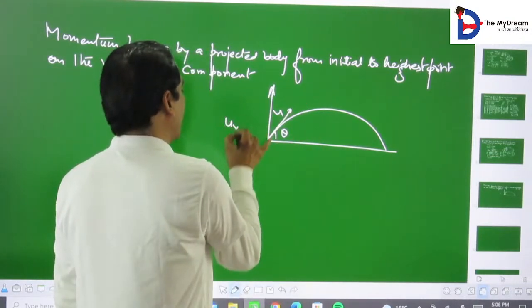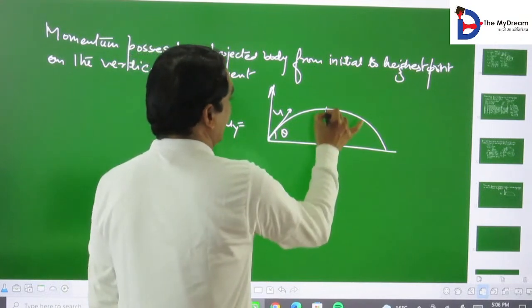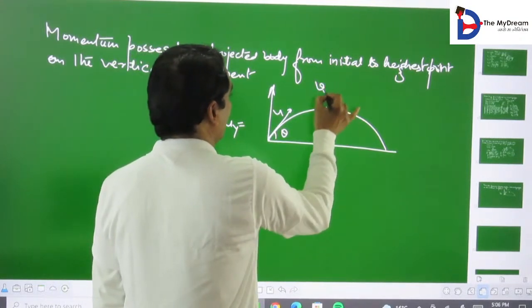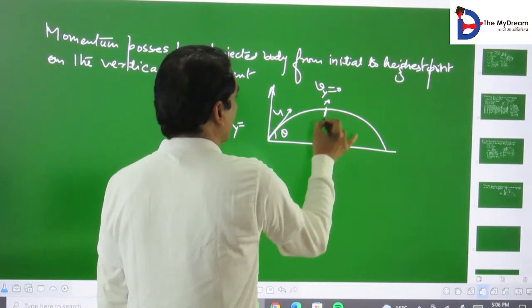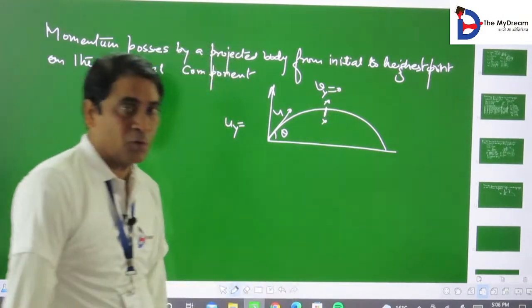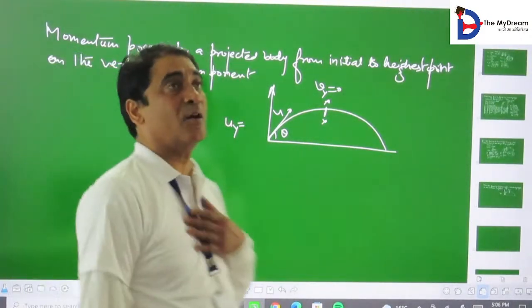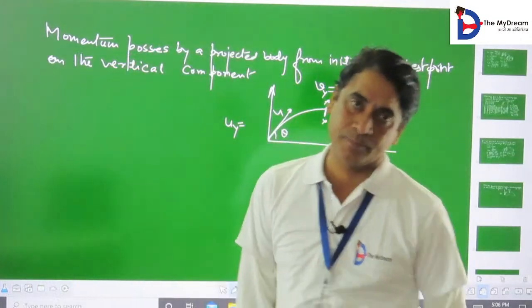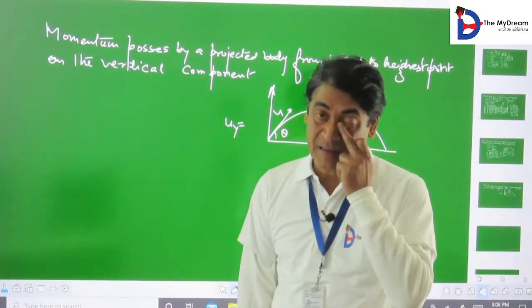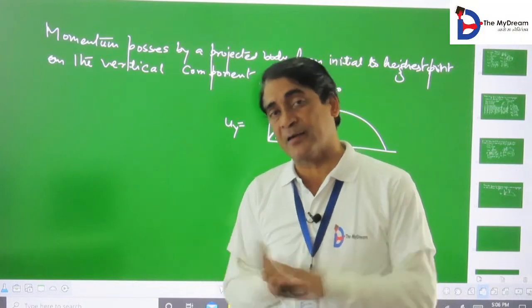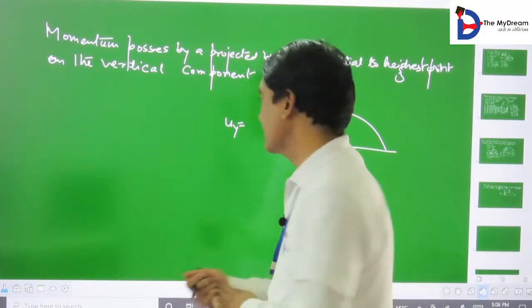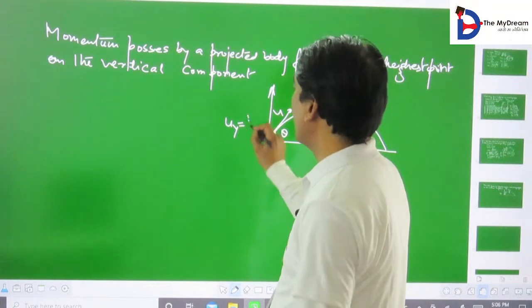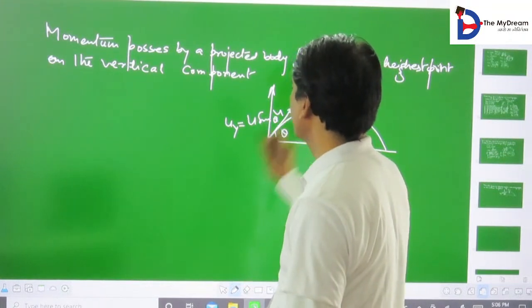This is ui, at the highest point vy 0. As you know, at the highest point the velocity on the vertical component either in upward or in the downward direction is 0 at that instant. And uy, that is u sin theta.